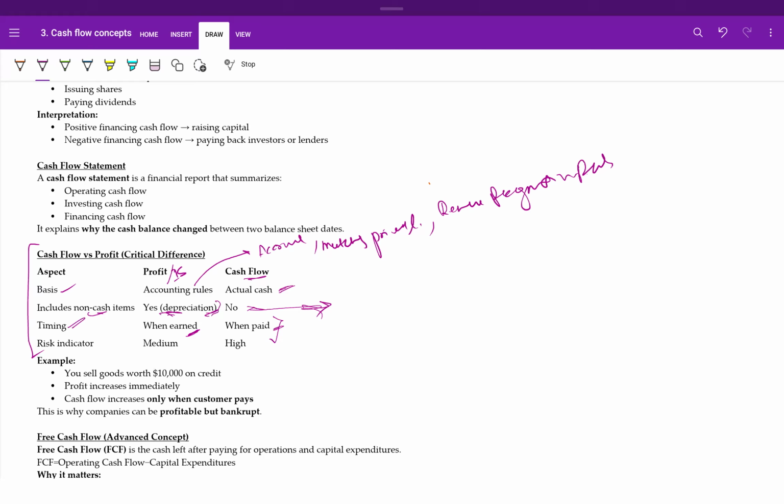So no cash means no cash flow. On the cash flow statement, we are only showing the flow of cash, whether positive or negative. If there is no cash flow, then we are not going to record those numbers.